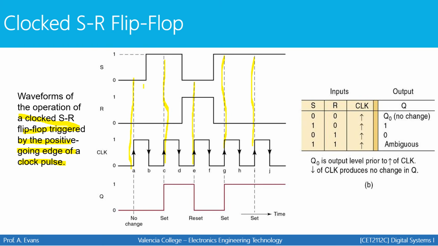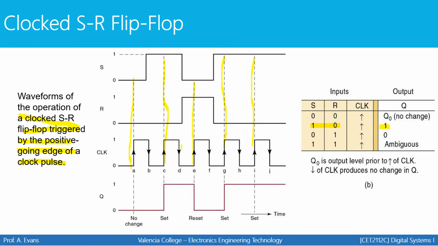At point C, that's the next time the output might change, depending on what S and R are. Here S is high while R is low. Go to your truth table and you can see that the output should be 1. That's the set state, and that's why we see the set state happen right here in the waveform.